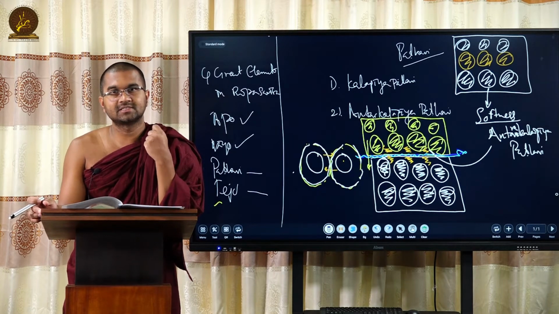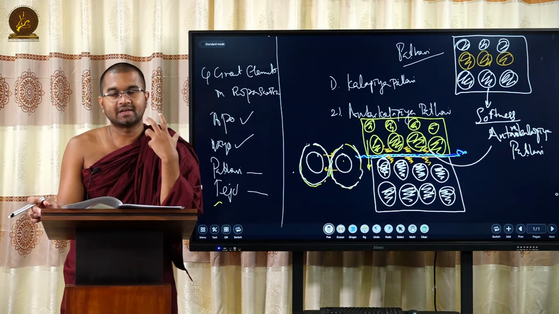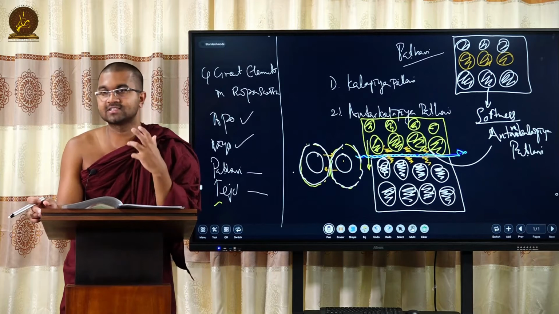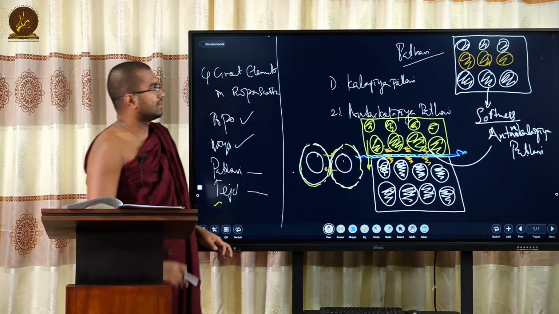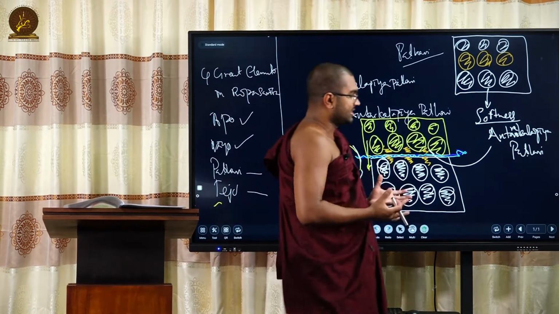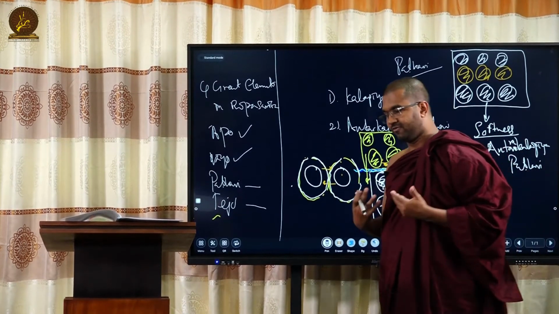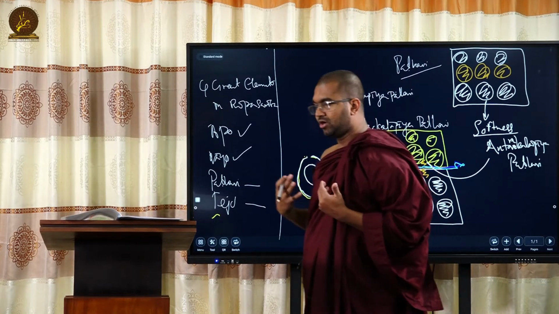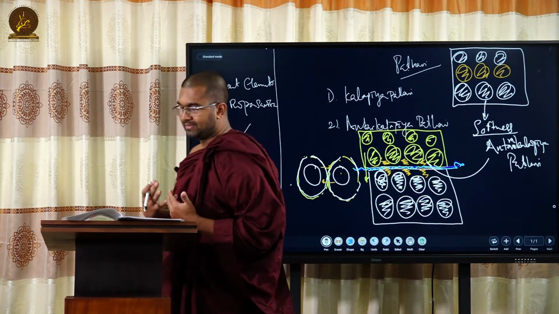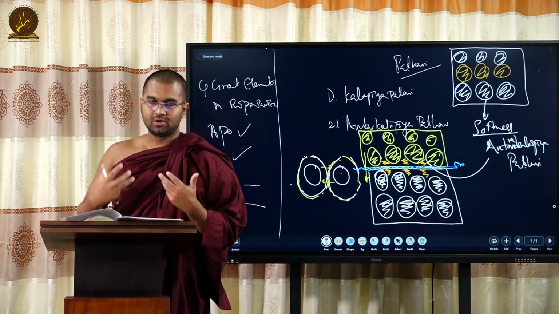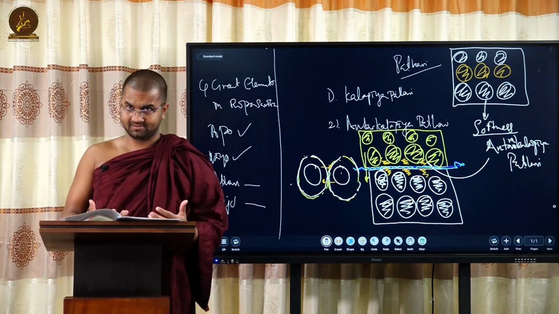It's not because of a quality of the patavi itself, but because of the effects of the other kalapas as well. So it acts as a unit. What I want to explain is that the manifestation of the four great elements doesn't depend only upon themselves.